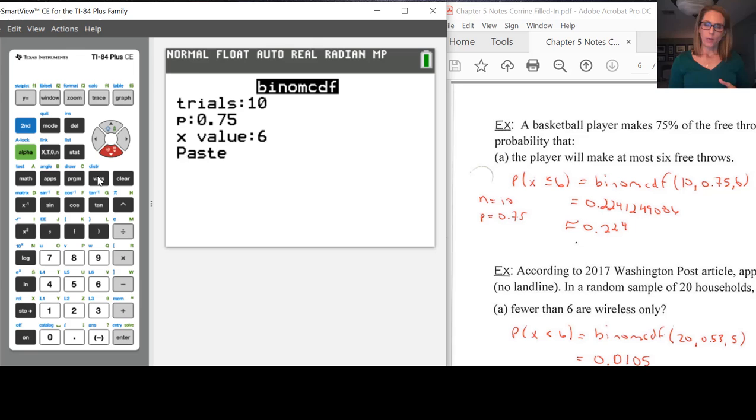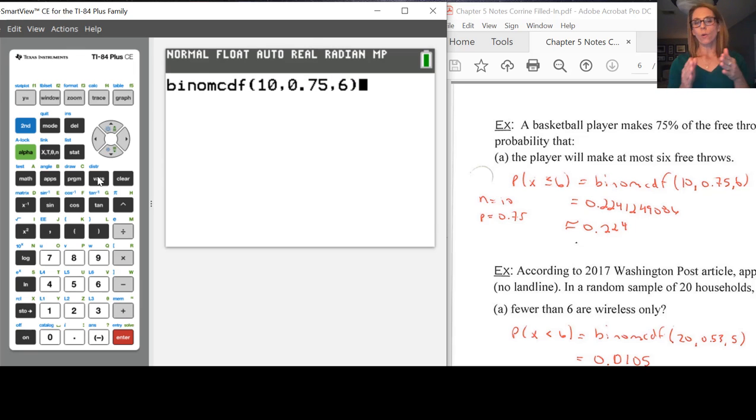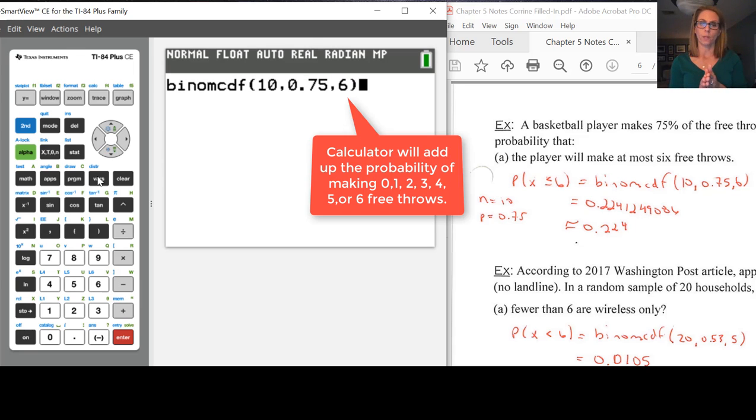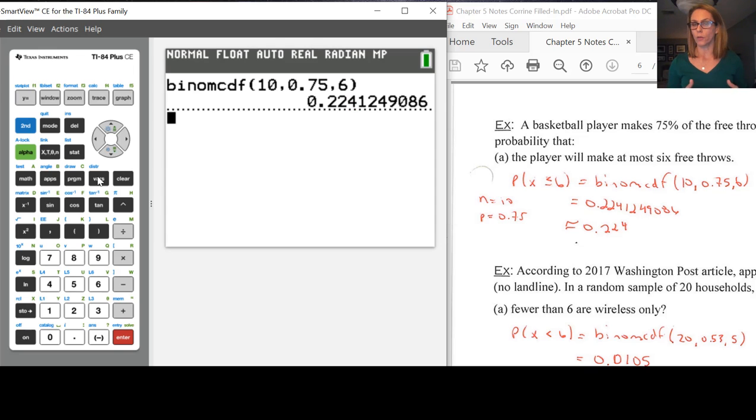The important thing to understand with Binom Cdf is whatever number you put in. So when I put in that 6, what Binom Cdf is going to do is add up the probability that the player made 0, 1, 2, 3, 4, 5, or 6 free throws. So it's going to give you all those probabilities added together. That's what the answer is telling you.